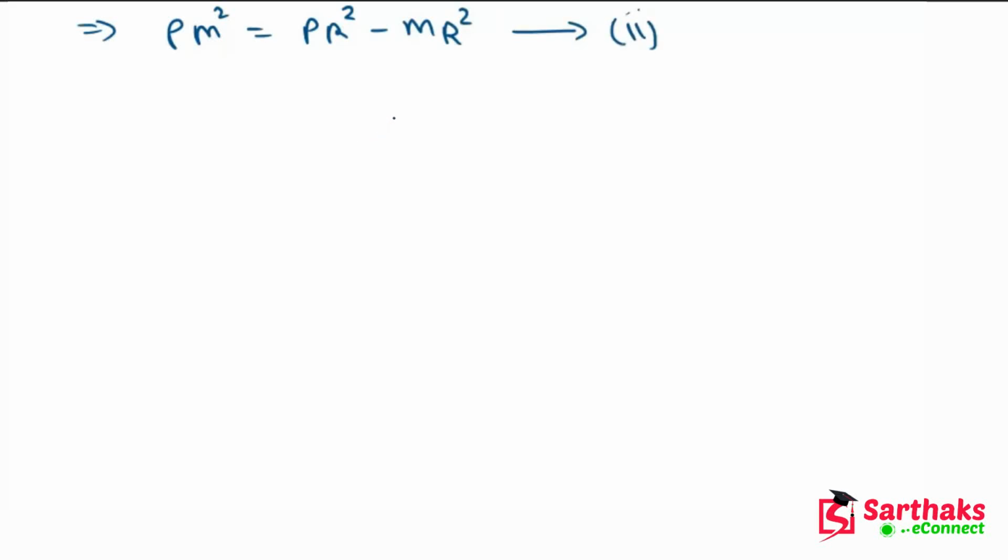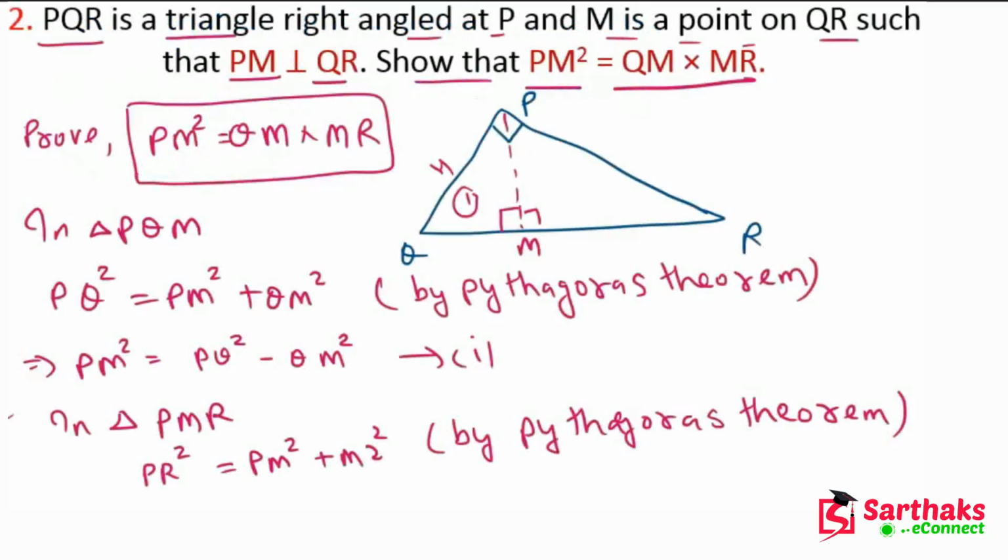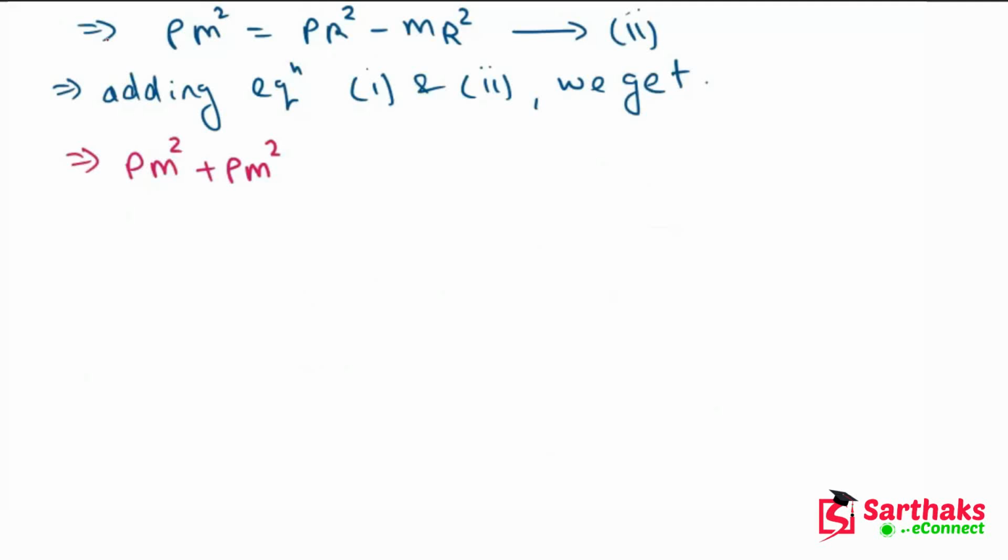Okay, so now adding equation 1 and 2 we get, PM square plus PM square, where the first equation is PQ square minus QM square, plus from the second equation PR square minus MR square.